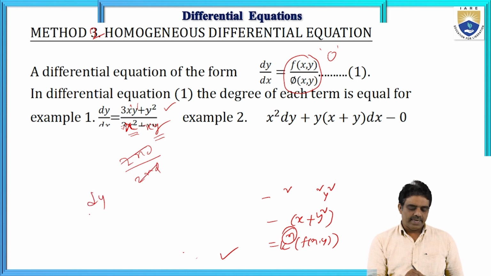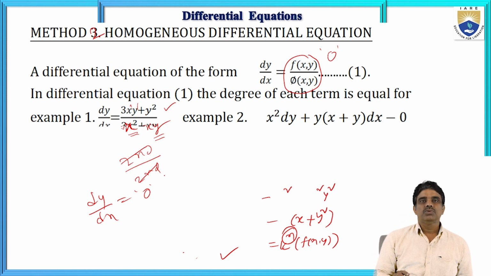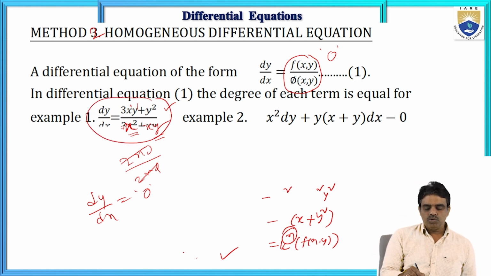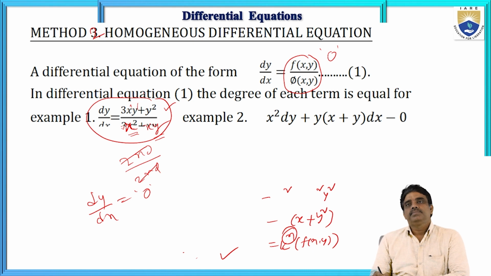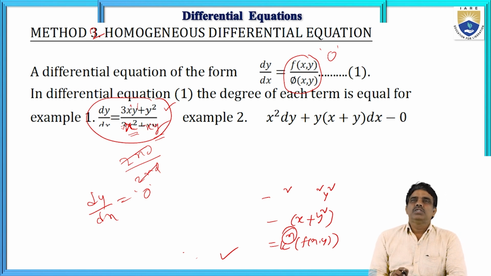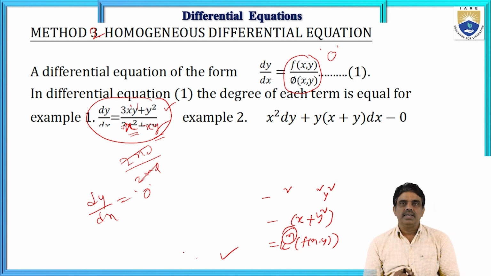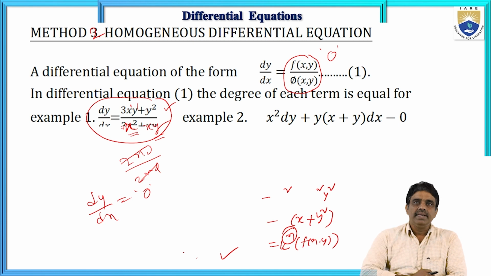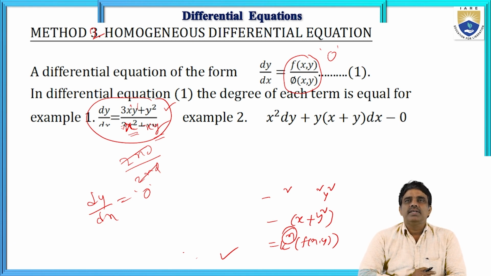So dy by dx is equal to a homogeneous function of degree 0. So we call it a homogeneous differential equation. Am I right or not? Here also it is a homogeneous differential equation. You can observe easily: if dy by dx is equal to a homogeneous function of degree 0, then it is a homogeneous differential equation. Right.